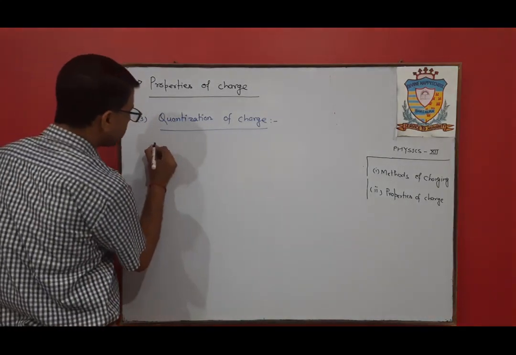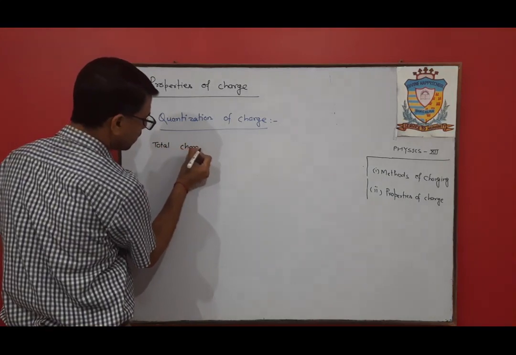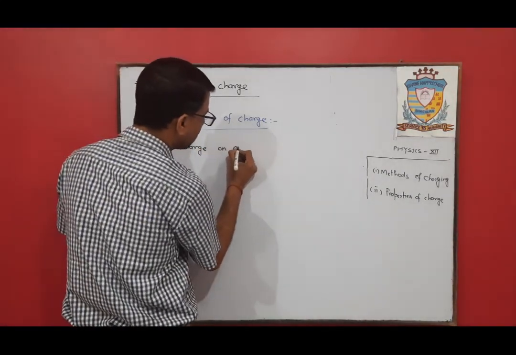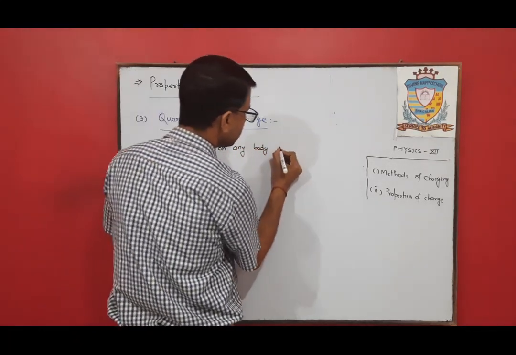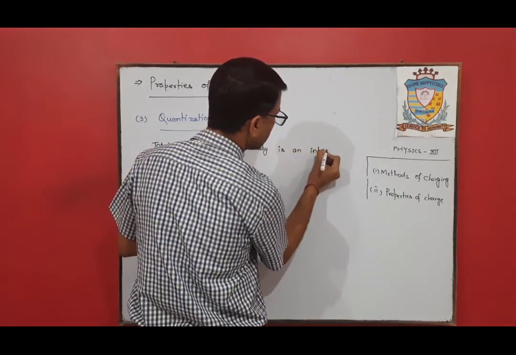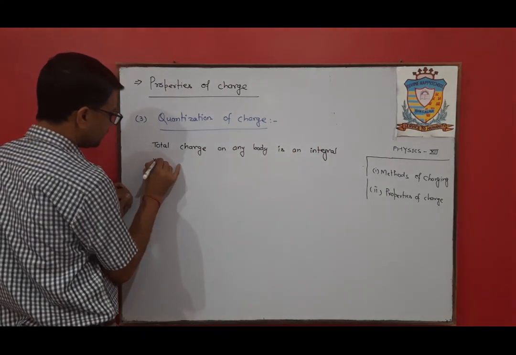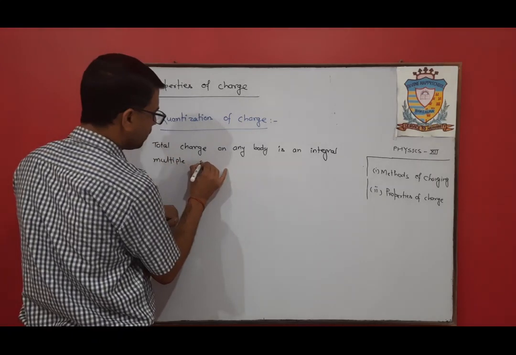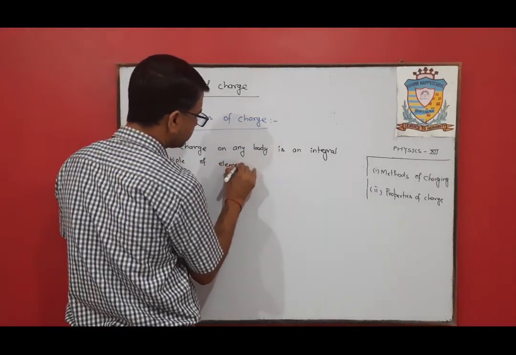So the total charge on any body is an integral multiple of the elementary charge particle.